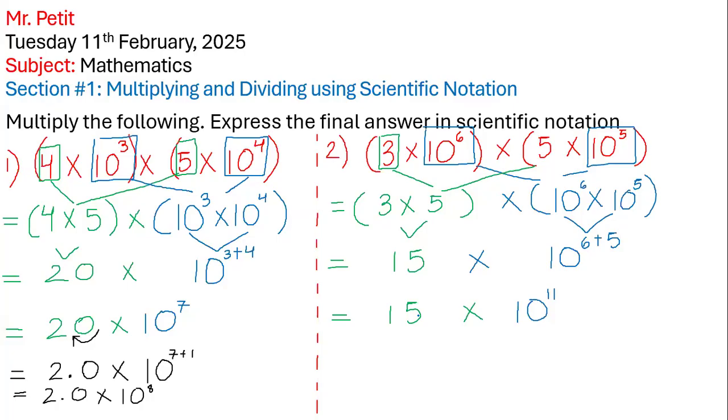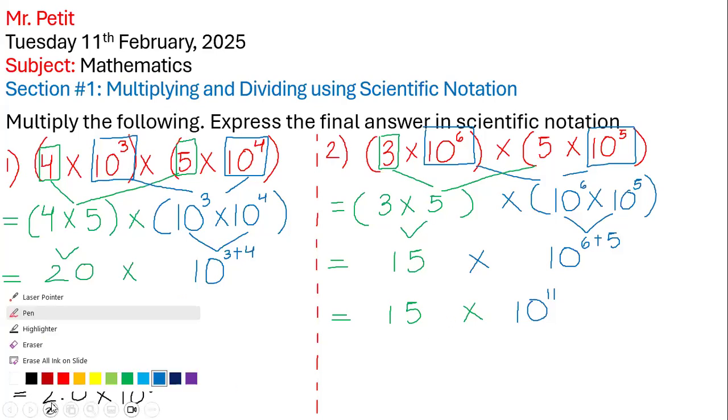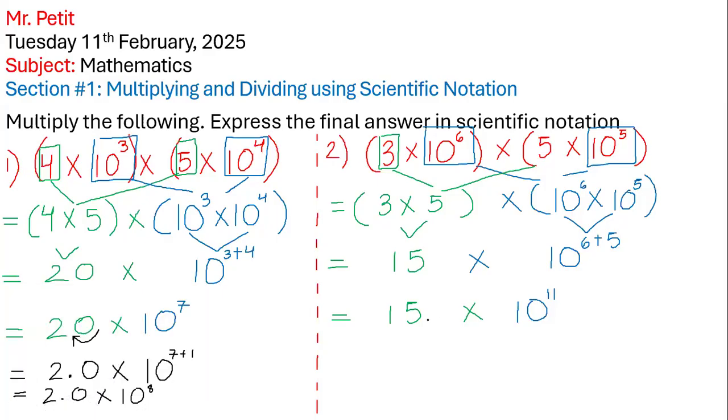So if we want to do that, we want to make it 1.5 times 10 to the something. What we have to do is move the decimal place to the left.